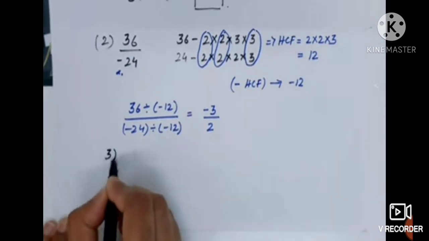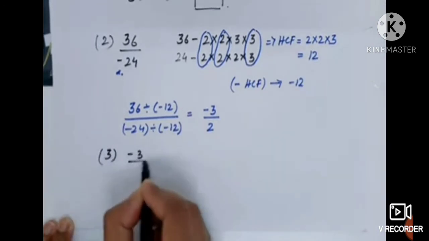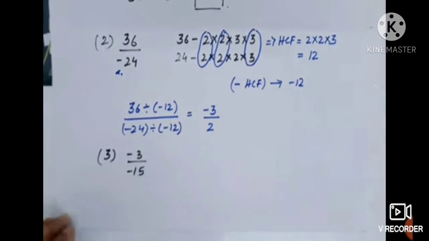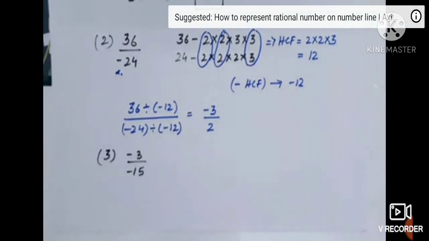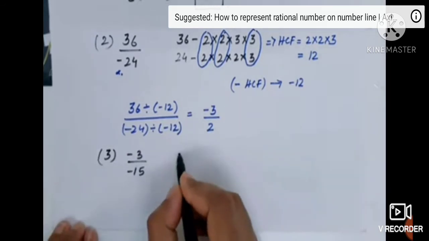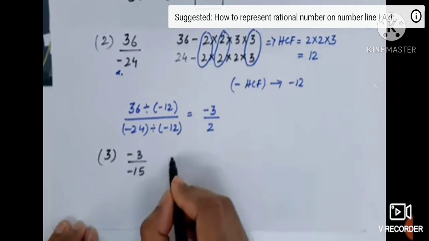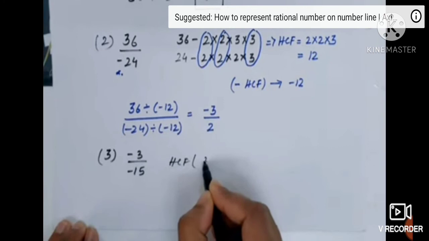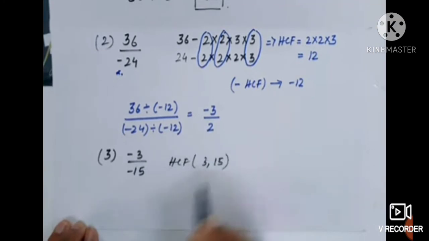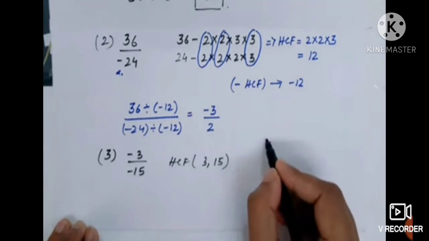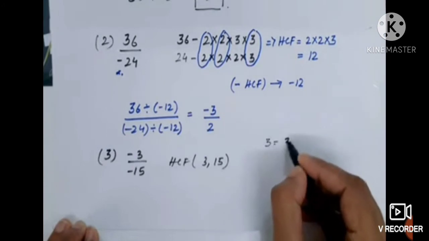Let's take another example: minus 3 by minus 15. It is also not in a standard form because the denominator is a negative number. So find the HCF of minus 3 and minus 15, that is, the HCF of 3 and 15.